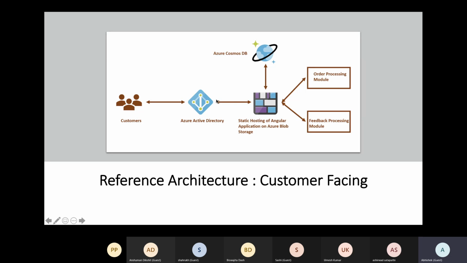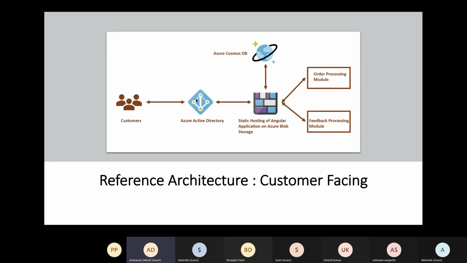Can anyone tell me why I have chosen Azure Active Directory here? For authentication and authorization. Okay, but I could have done it in other ways, right? Why specifically did I choose Azure AD, going back to the problem statement? Yes, because Azure Active Directory gives us the B2C products. You already mentioned that you have Google authentication as well as Facebook authentication.